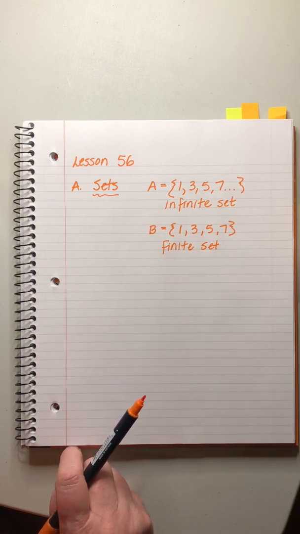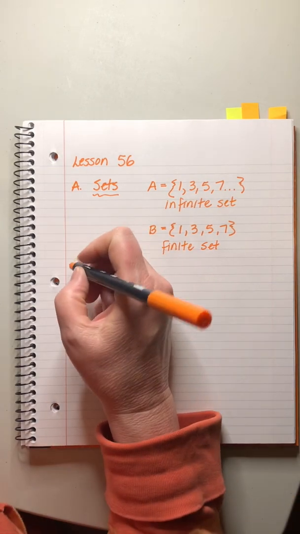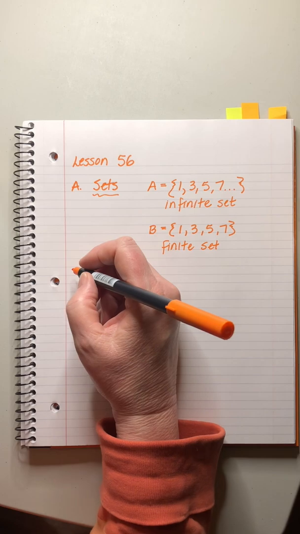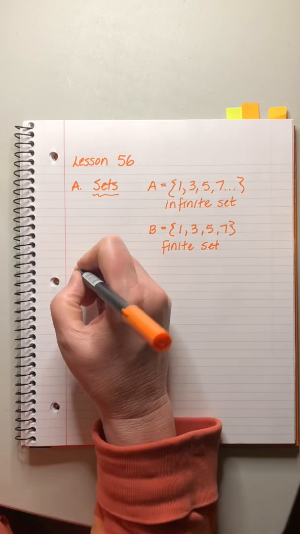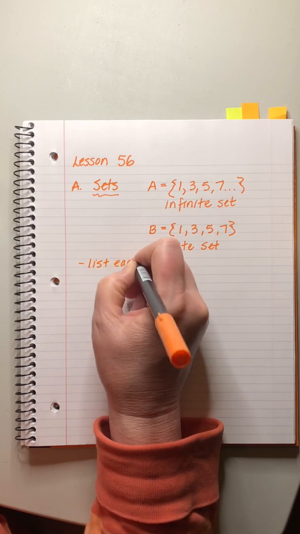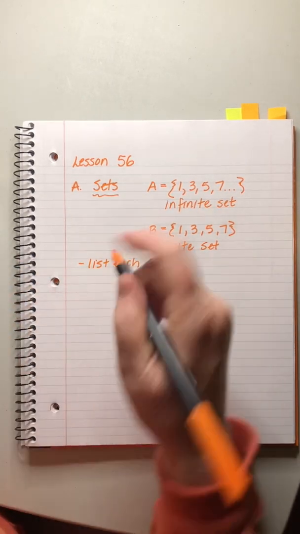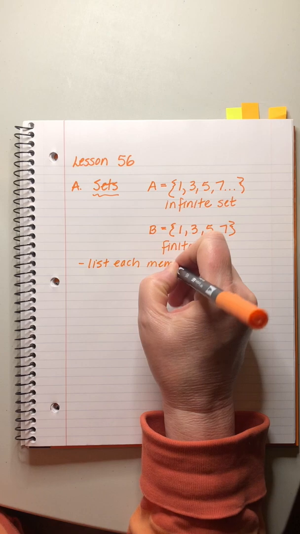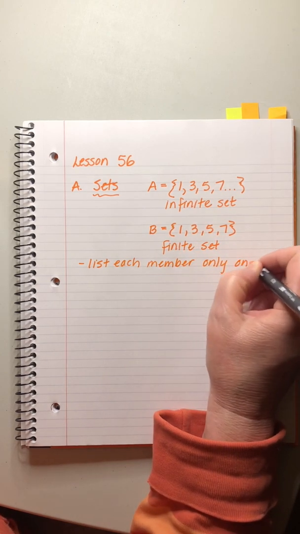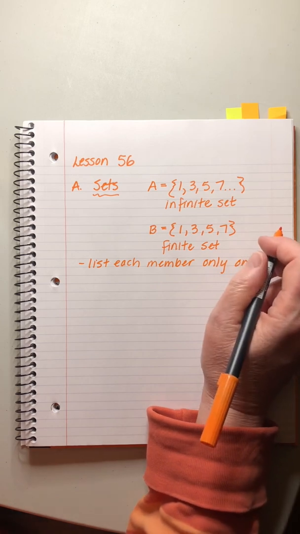All right, now let's go on and explore what it means to be a set a little bit. In a set, we list each member. The numbers are called members. Only once. And I'll show you an example of what I mean by that.